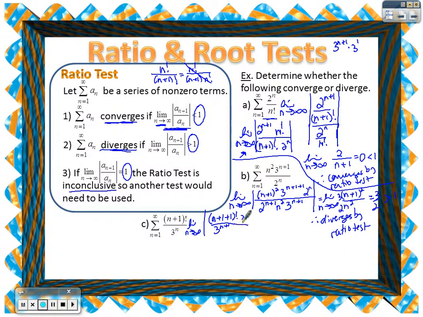So it's going to give me a 3 to the n in the numerator and an n plus 1 factorial in the denominator. Alright, let's simplify. So limit n goes to infinity. Okay, we don't have any negative terms to deal with, so I'm going to drop the absolute value. This 3 to the n in the numerator is going to cancel with the piece of this, right? This is 3 to the n times 3, so I'm going to be left with a 3 in the denominator.